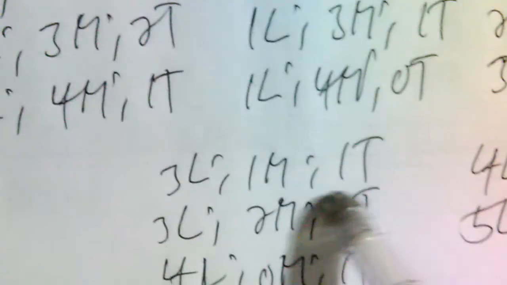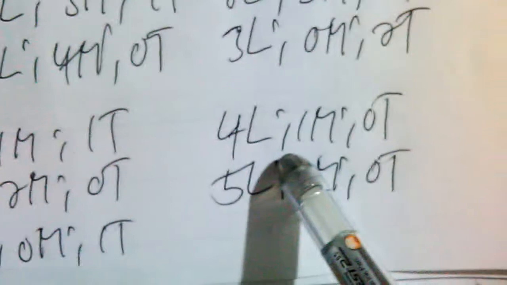You also have your 3 low, 1 middle, 1 top; 3 low, 2 middle, 0 top; 4 low, 0 middle, 1 top; 4 low, 1 middle, 0 top; and 5 low, 0 middle, and 0 top.